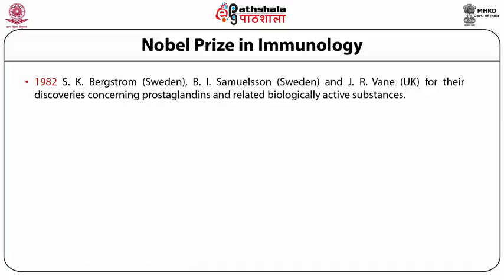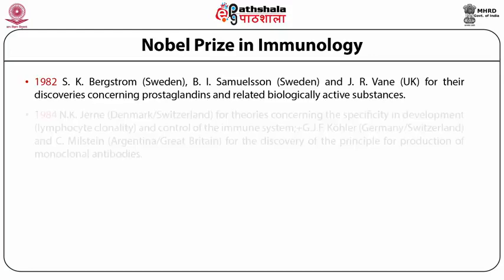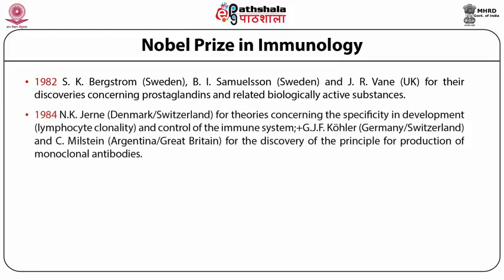1982, Sune Bergstrom, Samuelsson and Vane for their discoveries concerning prostaglandins, which are sort of indirectly involved in this area. Niels Jerne for his theories concerning the specificity in development and control of the immune system, who shared the Nobel Prize with Kohler and Milstein for their discovery of the production of monoclonal antibodies.